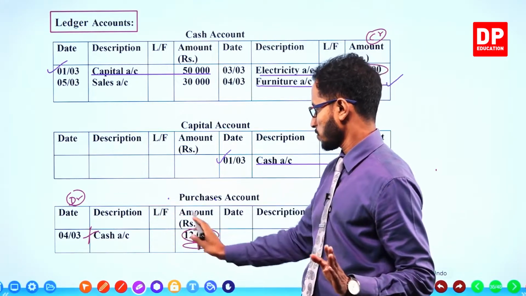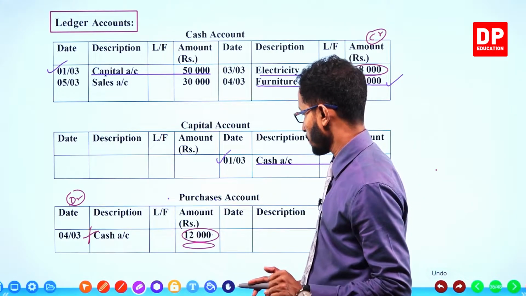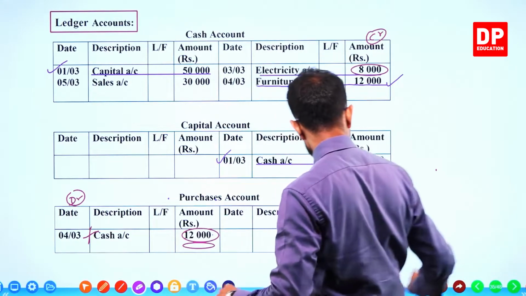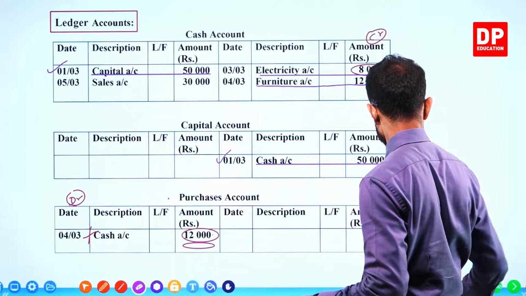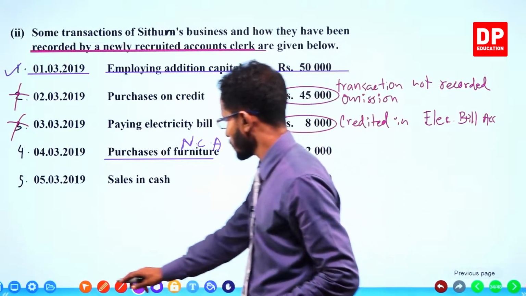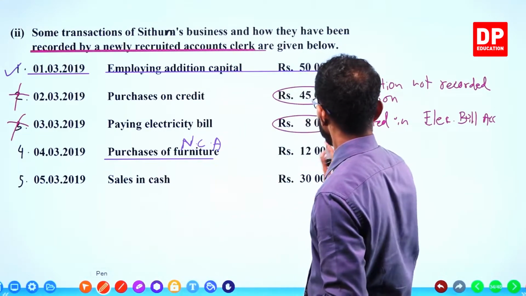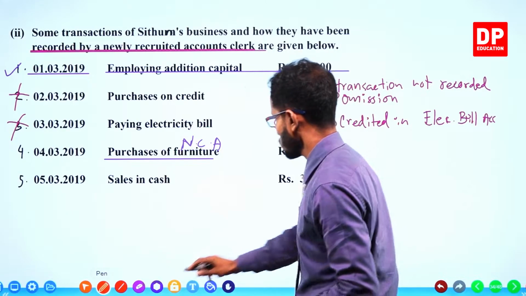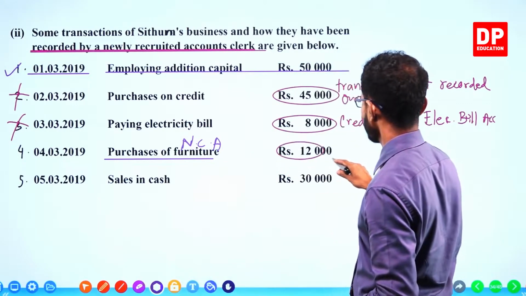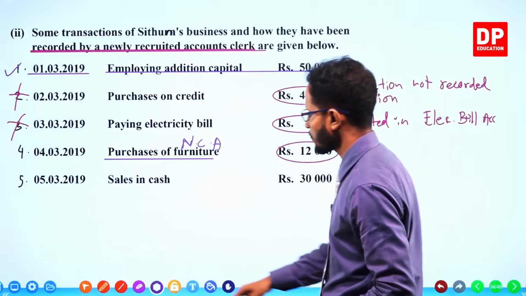Debited to the purchase account. It's wrong. What we have to write here is, this is also wrong, so we will circle it and we will write here.